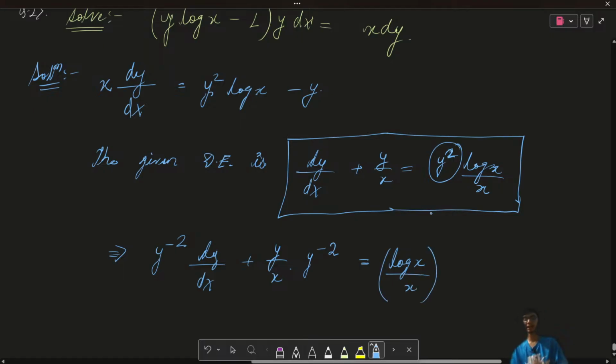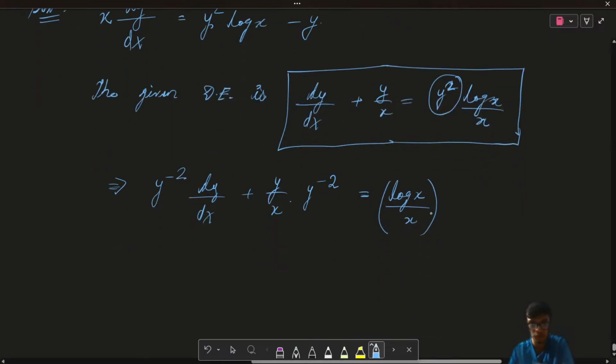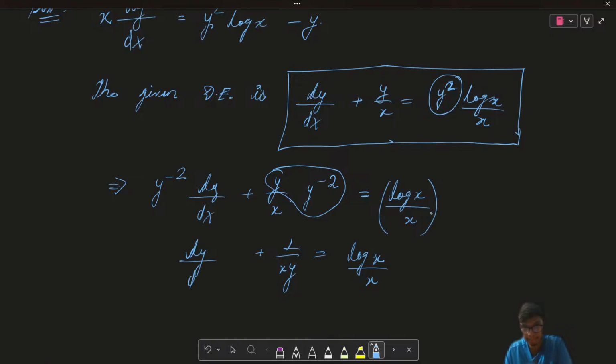Now y times y^(-2) will become 1/(xy). So this will be the final form of the differential equation, right?